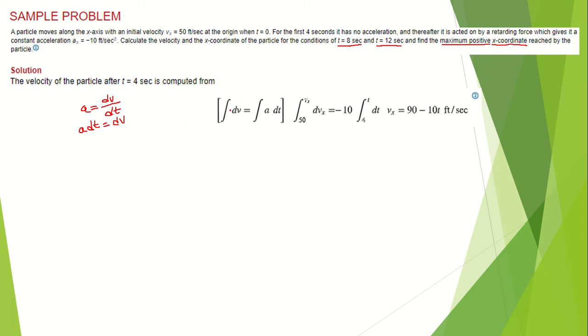Okay, so for v, we have here the given vx equal to 50 feet per second at time t equal to 0. So our limit here is from 50 to vx.